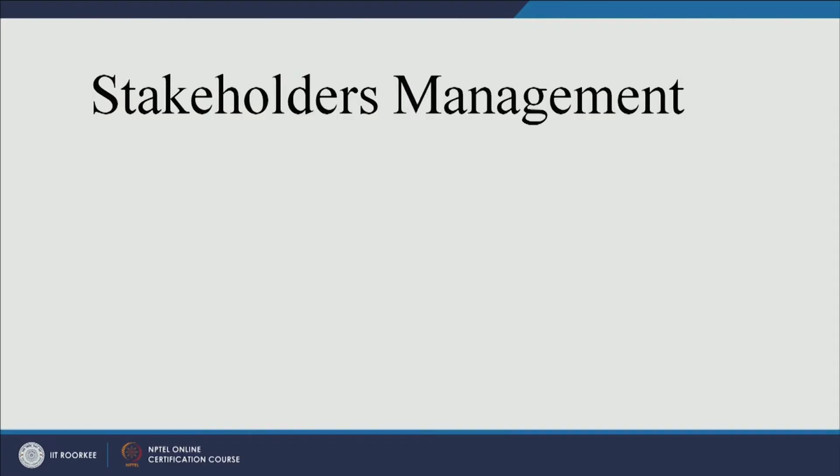Now, we will look at a very important topic, it is stakeholders management. This is one of the knowledge areas, and one should know who are stakeholders, what are their requirements and so on, right. So, let us first define who is a stakeholder.